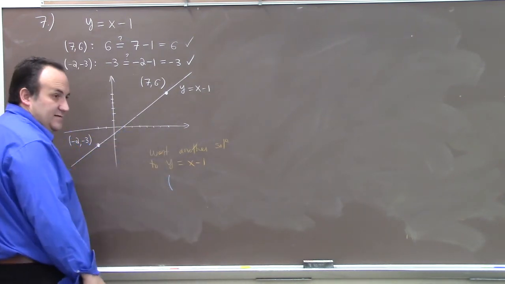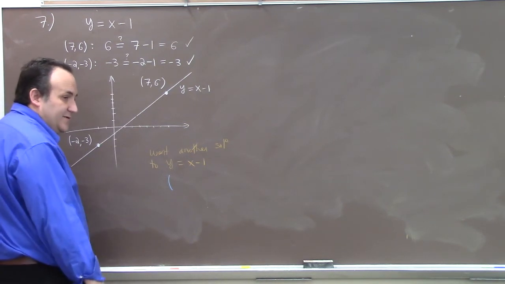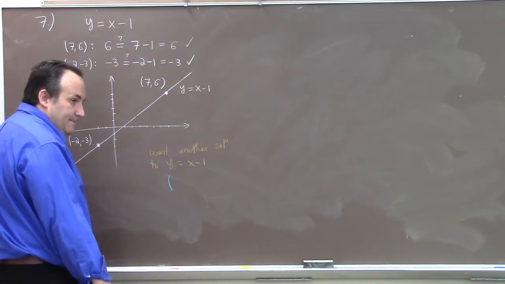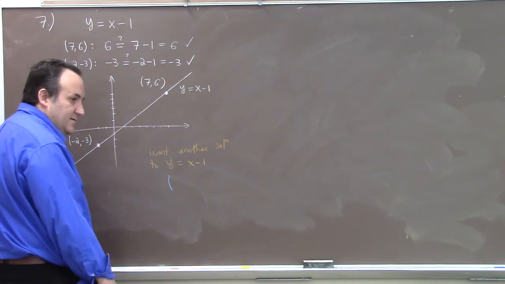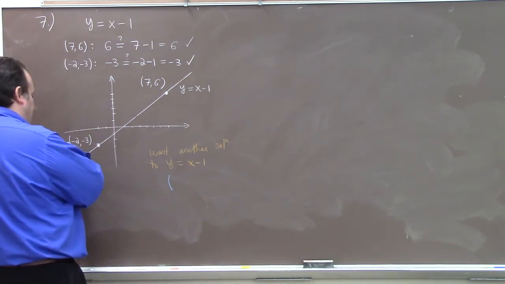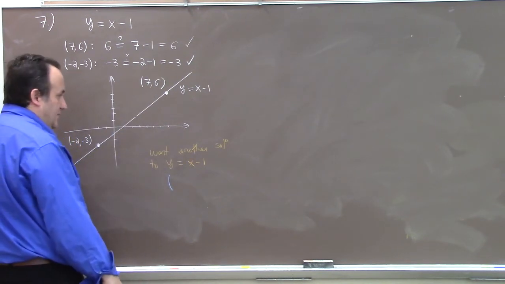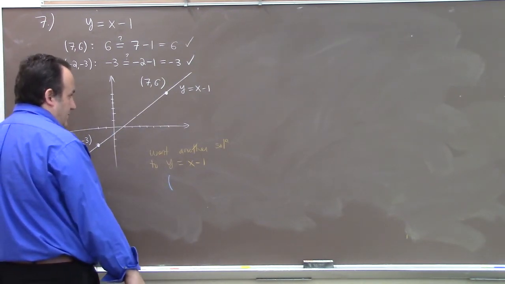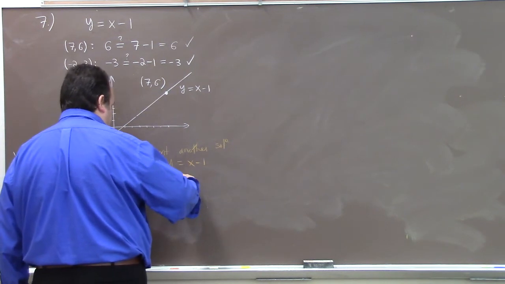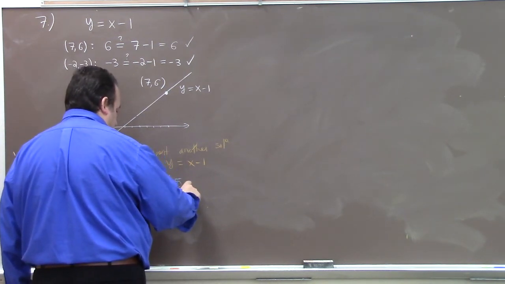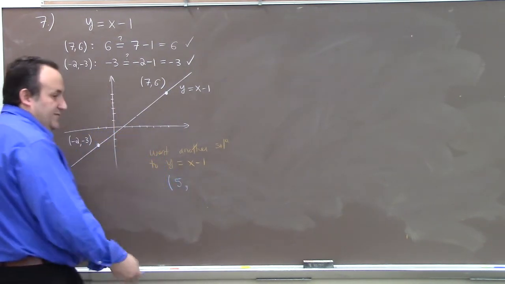Those are already taken. Give me any other number. Any number, just not the ones that were already given. Minus 2 and 7 are out. Other than that, 5? Just one number, though. If 5 is x, what's y?